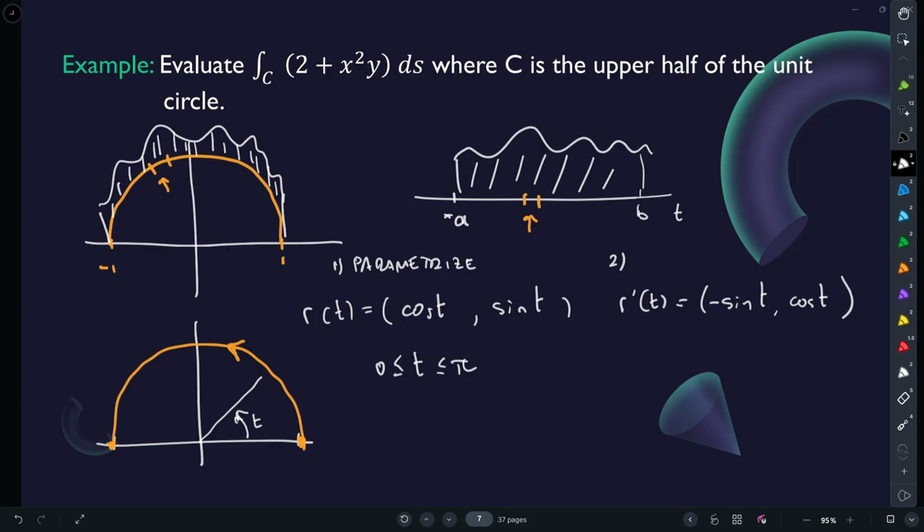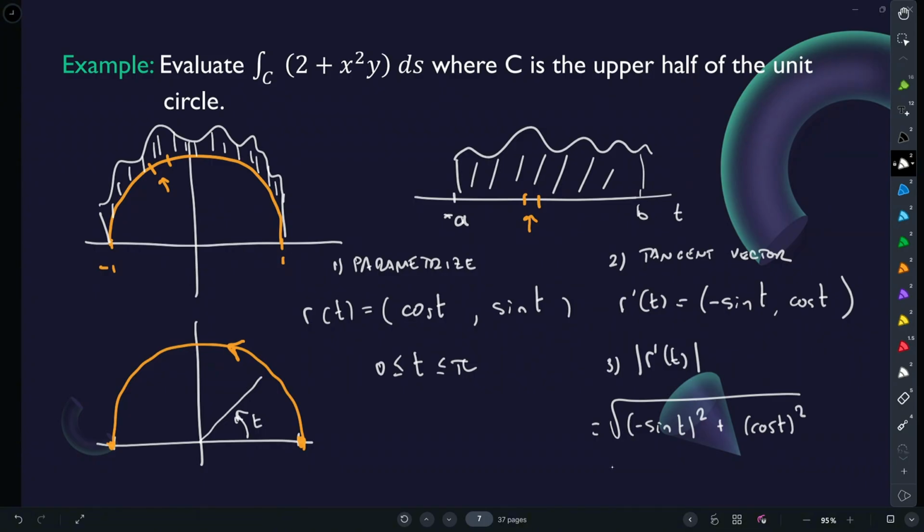Okay, this is the tangent. Now compute the length of the tangent vector. The length of the tangent vector will be the square root of the square of the coordinates, which is the square root of sine squared t plus cosine squared t, which is just the square root of 1. So this is actually just 1. So that conversion factor in this case is just 1.